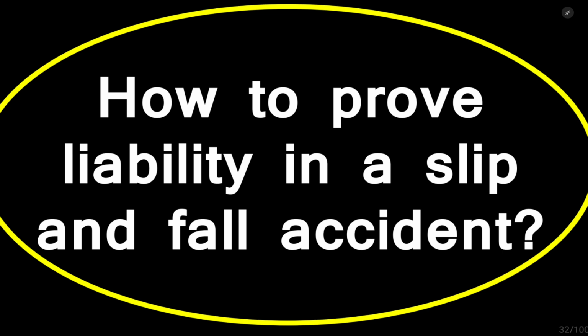Now, the fourth point is show that the hazard caused the injury. After establishing that a hazard existed, you must prove that this specific hazard caused the fall and resulting injuries.